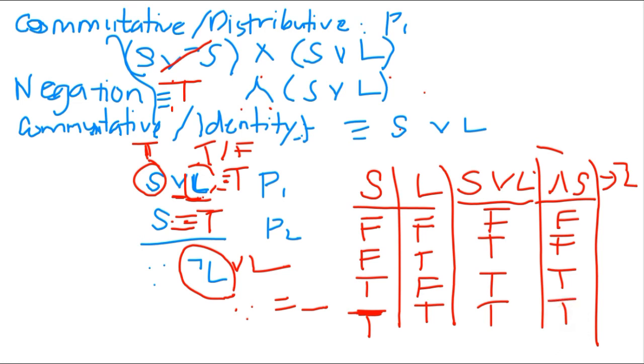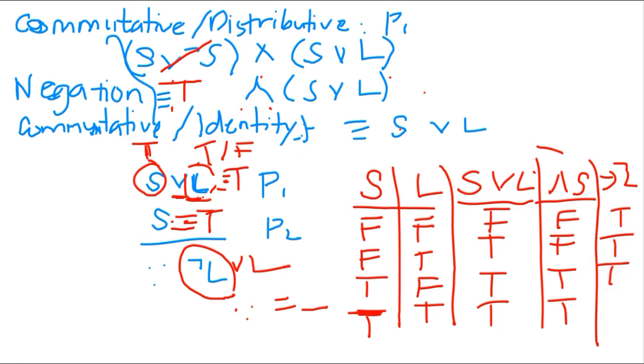Does it imply not L? So false implying not of false, so false implying truth, this will be true. False implying false, this will be true. So true implying not of false, that will be true. So true implying true, this will be true.